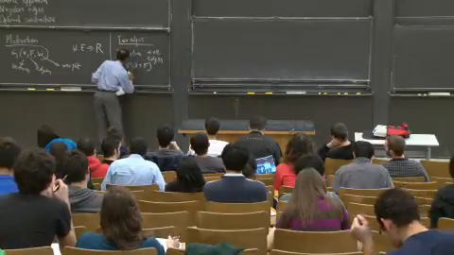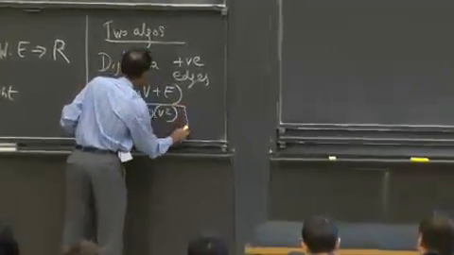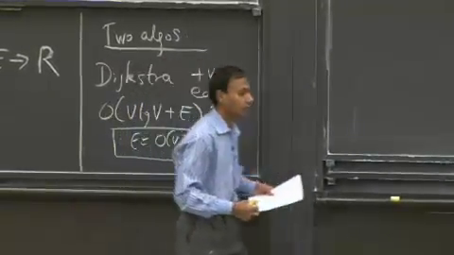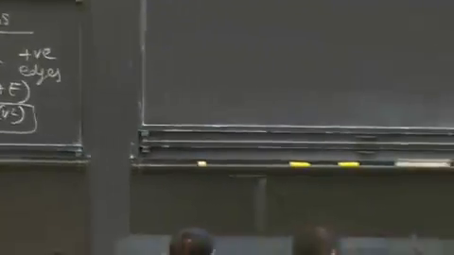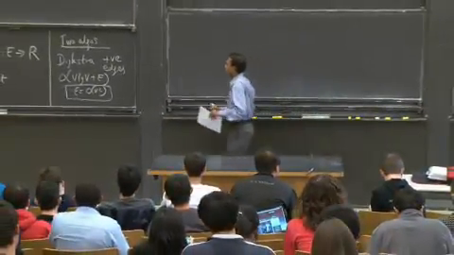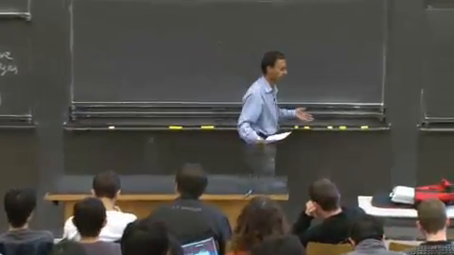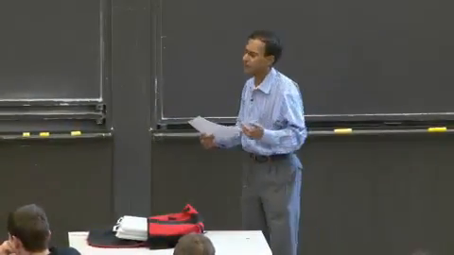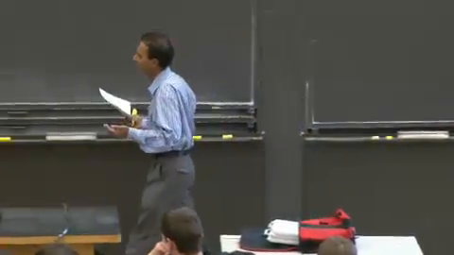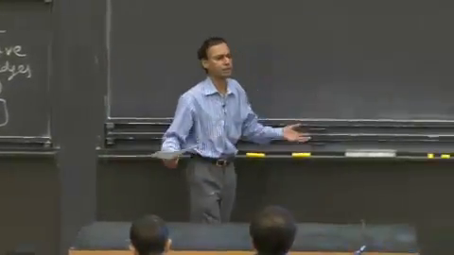So you can think of E as being order V squared. Now you can kind of imagine a complete graph. A complete graph has an edge between each pair of vertices, and that's where you'll get E being theta V squared.